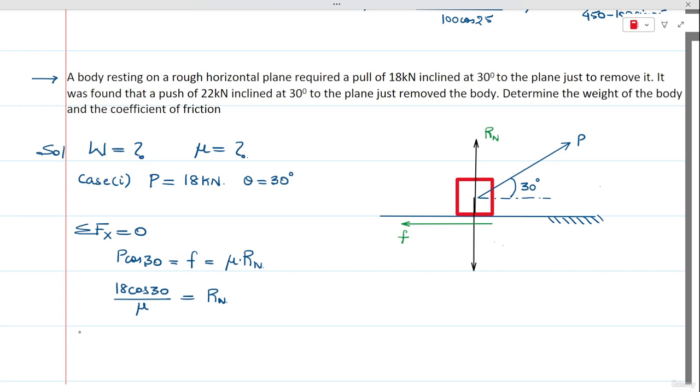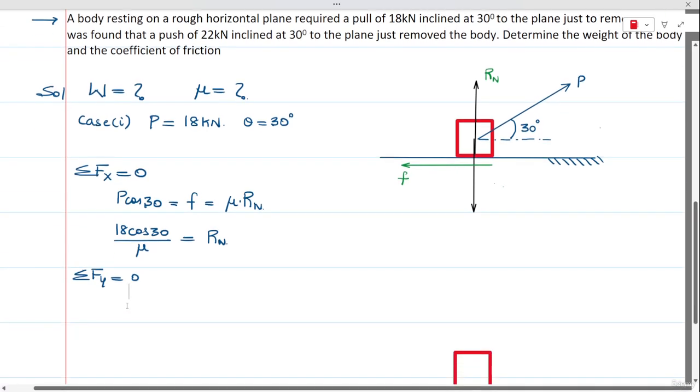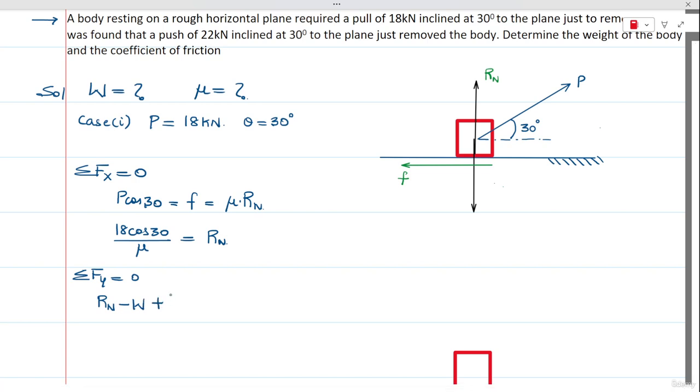In the same way, let us consider the equilibrium of forces in the y direction, sigma Fy equal to 0, and that is Rn minus W plus P sine 30 is equal to 0. So we get Rn as 18 cos 30 by mu, and P sine 30 is 18 sine 30.